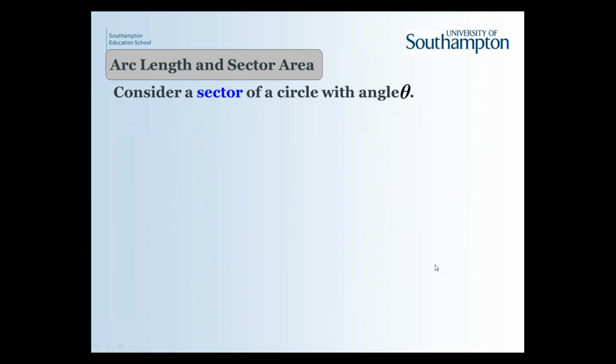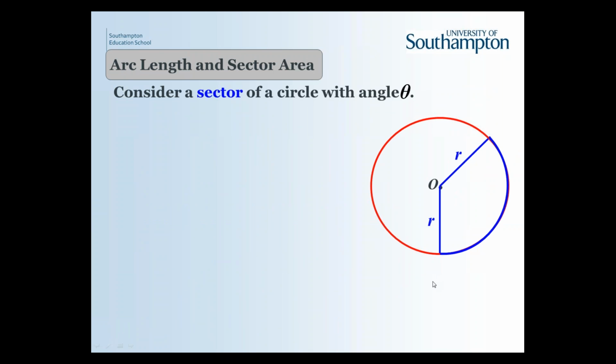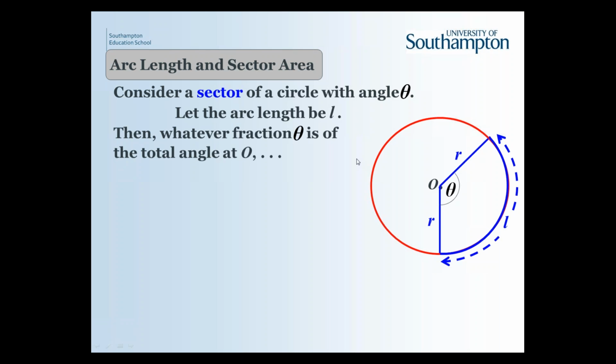Now, going back to sectors, kind of makes them a little bit simpler. There are certain formulae that directly can be used. When you've got any angle here, but it's in radians, then we call the arc length L. Going back to how we did this before, whatever fraction theta is of the total angle, so the total angle is 2 pi.